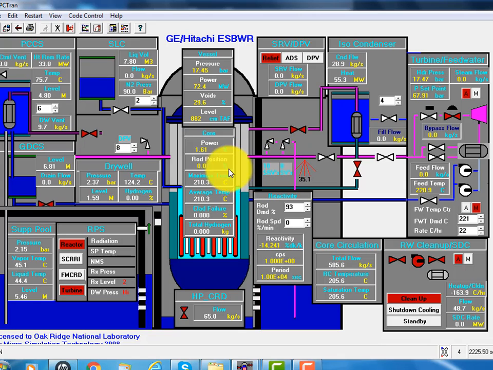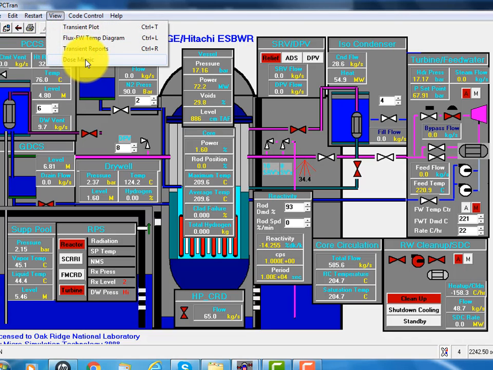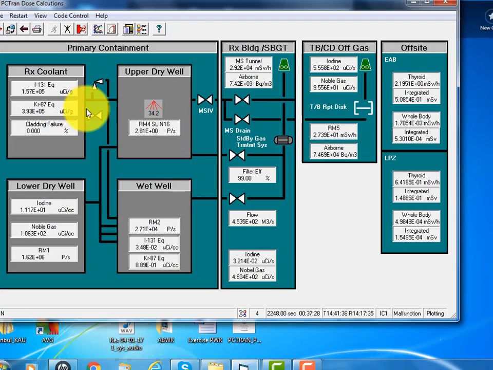So this is the ESBWR, and we also keep track of the dose and the radiation distribution, isotope distribution inside the reactor coolant, the dry well, the upper dry well, and suppression pool, lower dry well.